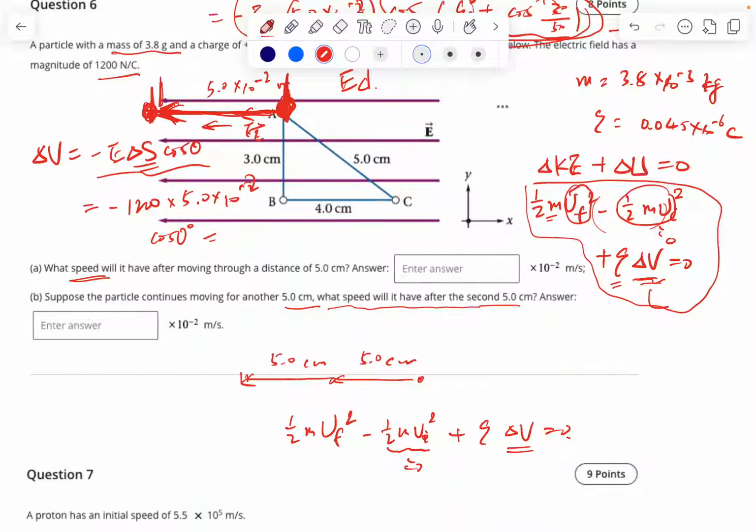Delta V is now from here to here, so delta V equals negative E times the displacement, which is now 10 centimeters, not 5 anymore, and cosine 0. You just plug everything in and figure out the final speed.